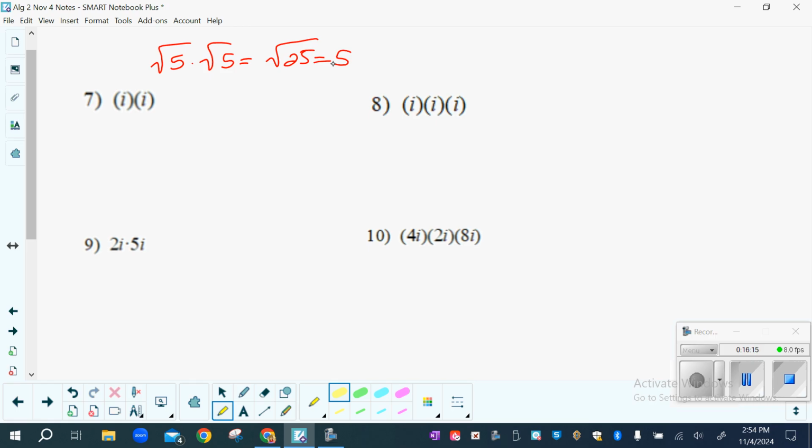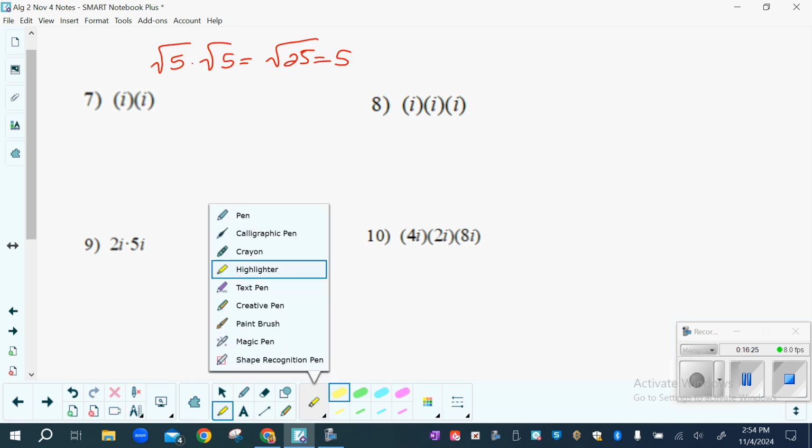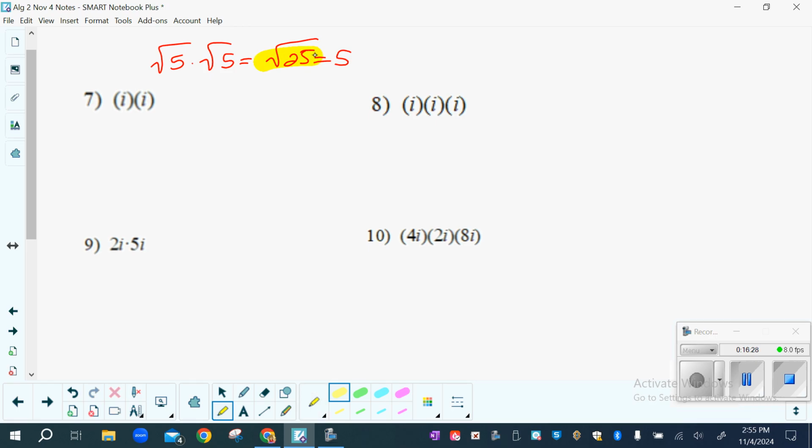That's what you're going to want to do when you multiply with complex numbers. You cannot use the same rule that we use on that one. This rule here is no longer pertinent. That middle rule is no longer pertinent. So when we have an i times an i, this is square root -1 times square root -1.